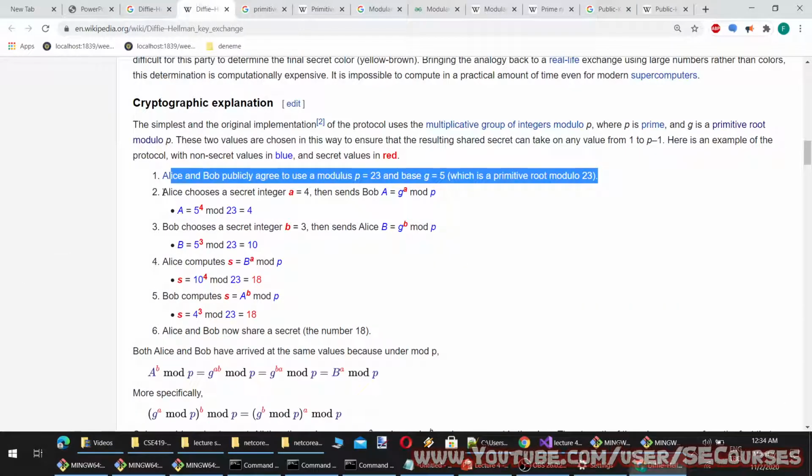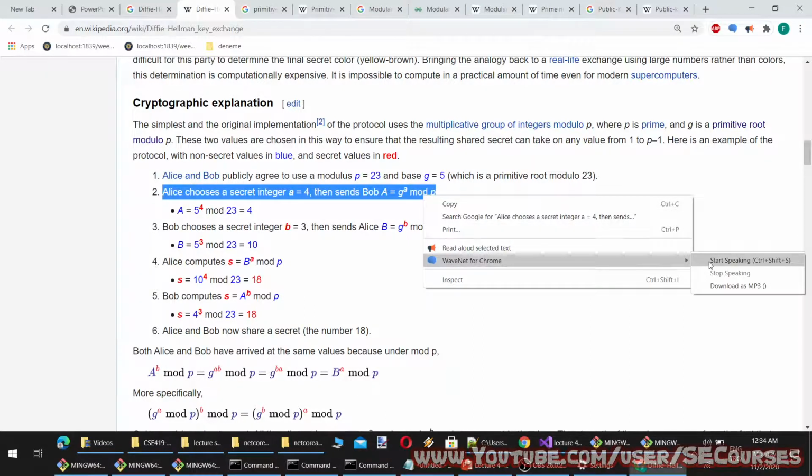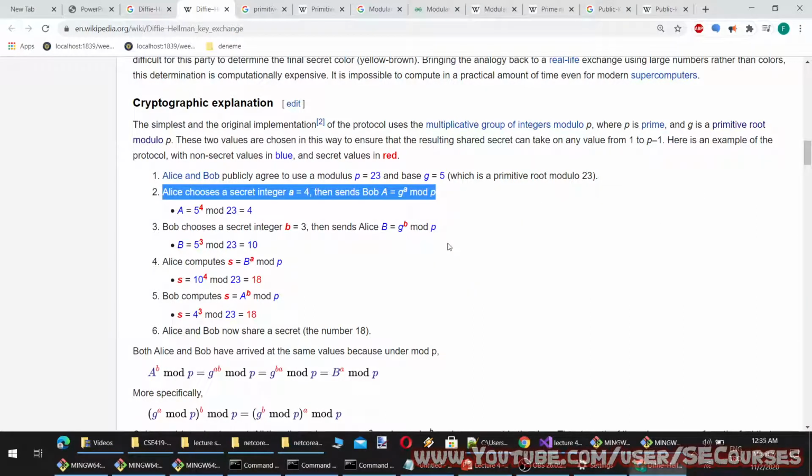And then Alice chooses a secret integer a equals 4, then sends Bob A equals g^a mod p. Okay, so the blues are public and the reds are private. Alice's secret integer is 4. Bob doesn't know it, or anyone else.